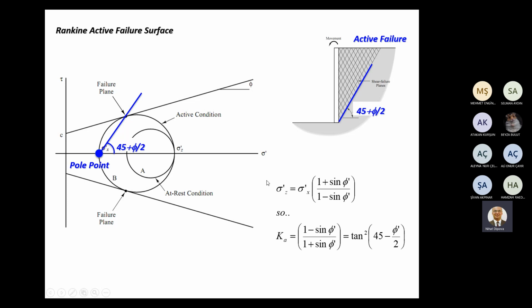Similarly, of course, we can state this condition in an equation. The earth pressure coefficient here is called Ka, active earth pressure coefficient, and we can express Ka in this form or in this form.